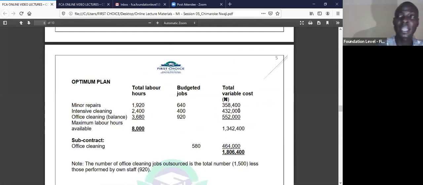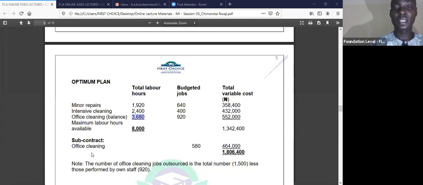Now we notice that the last one cannot be fully done. So all we need to do to get this figure is to say 8,000 hours, which is the total, minus, we open the bracket. We've done 1,920 before.